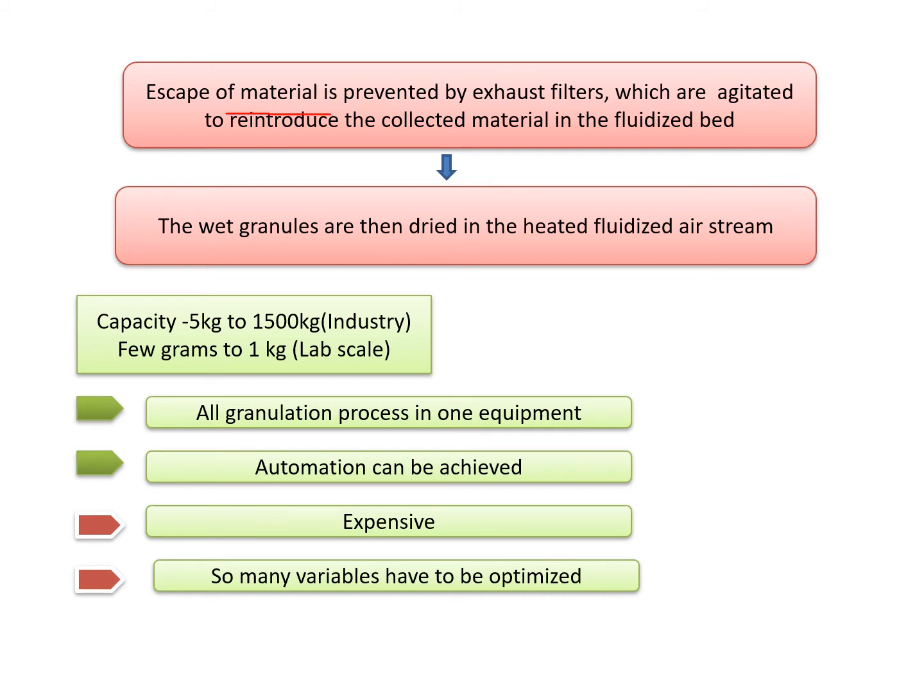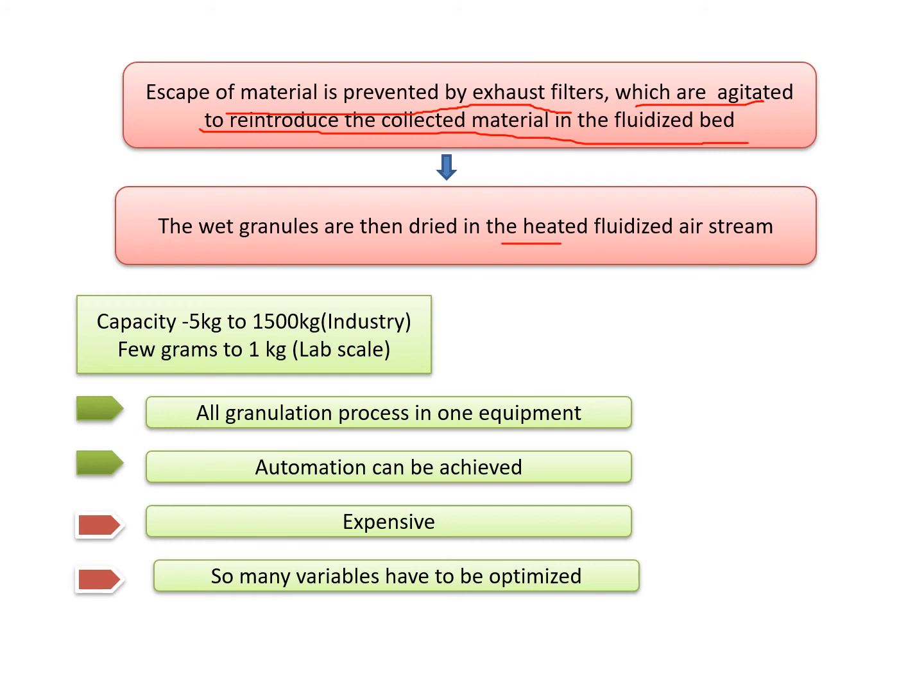Now escape of the material is prevented by the exhaust filters, which are agitated to reintroduce the collected material into the fluidized bed. Because of that, the particles do not go outside, as this is prevented by the exhaust filters, which are agitated again to reintroduce the collected material into the fluidized bed. And the wet granules which are formed are dried in the heated fluidized air stream.